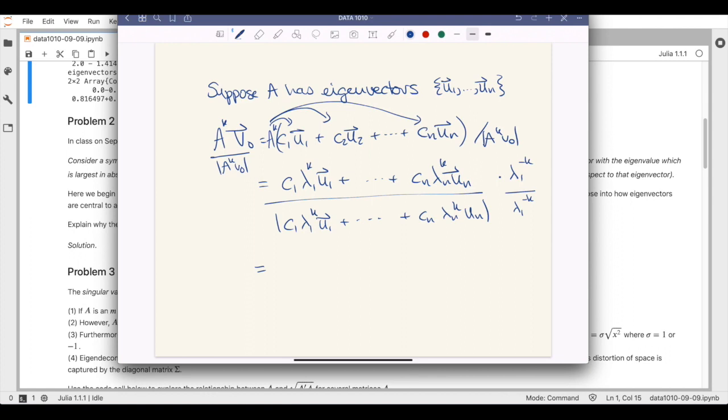So in the top, the part that's growing with k goes away, and you just end up with c1 times u1. So that's a constant now. And then the second term is going to be c2 times lambda 2 over lambda 1 to the k times u2.